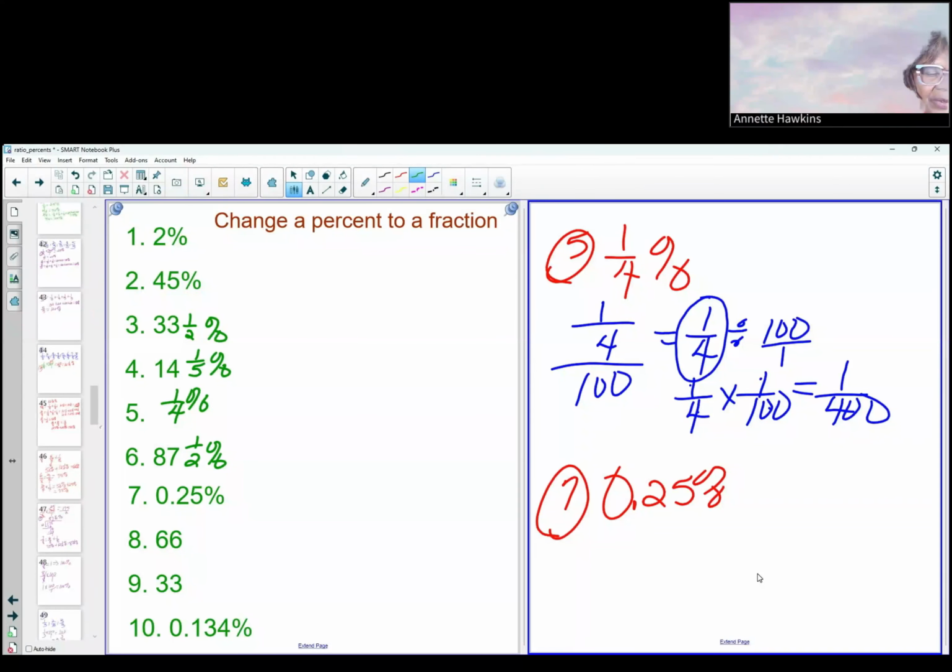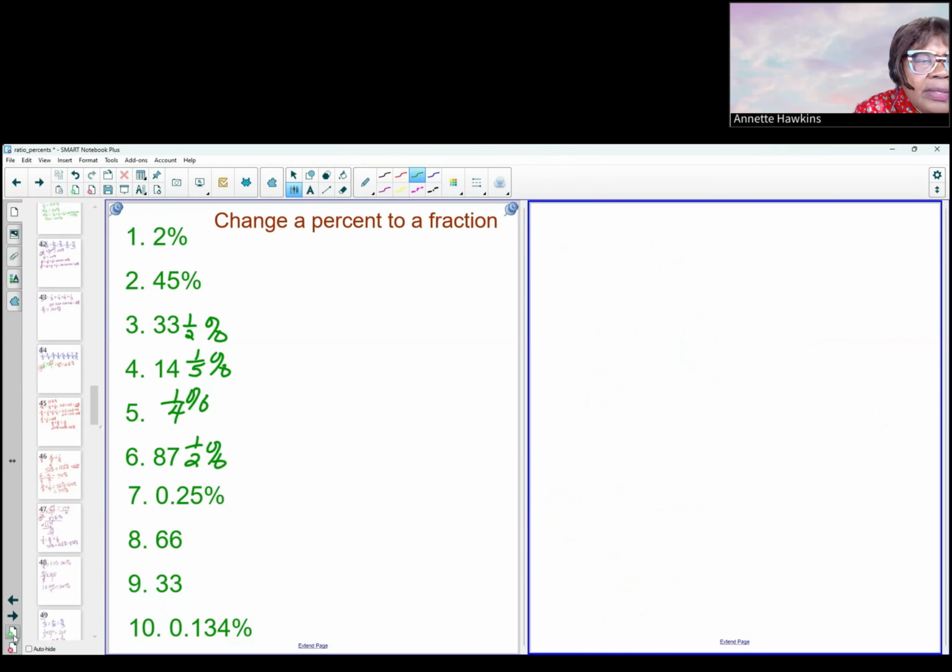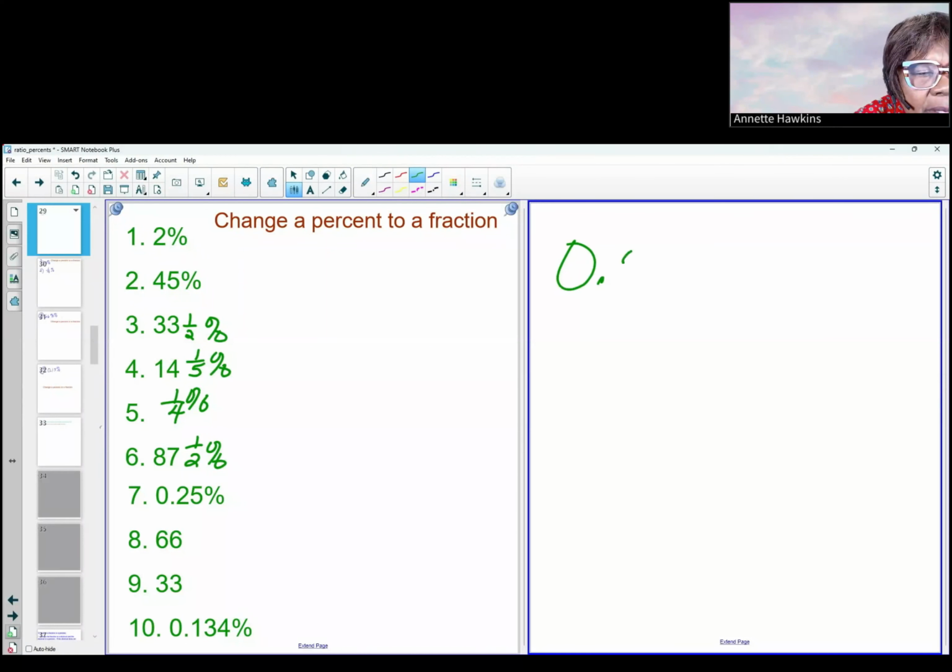So I need to remove the percent symbol and put it over 100. But this time, because this is a decimal instead of a fraction, what I can do here is this: 0.25 over 100.